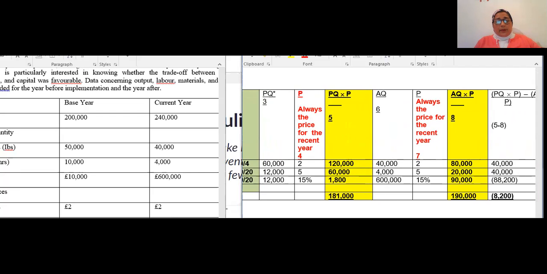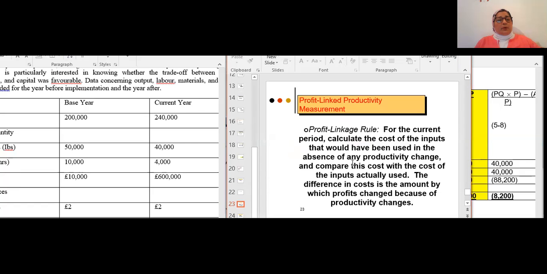I will put up the PowerPoint again, just to let you understand whether this makes sense or not. So profit linkage rule. Because it's named linkage, that means we are going to link some figures from different years together. We are going to link the base year or last year with this year.